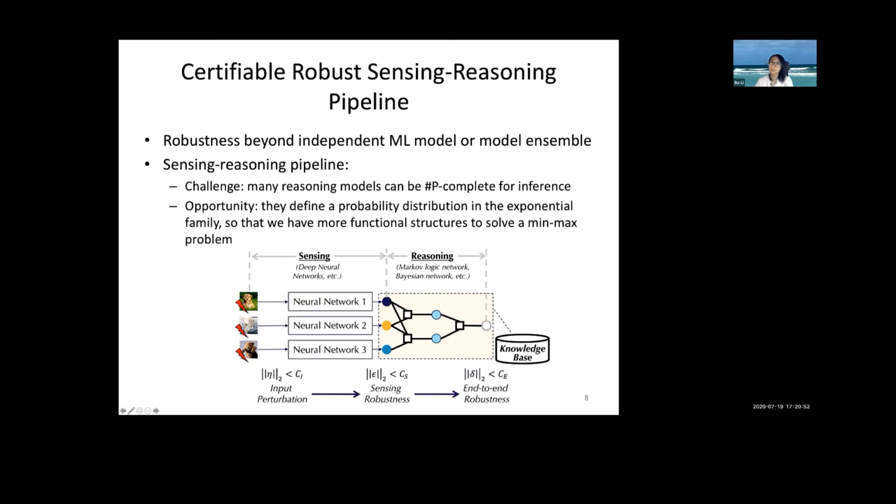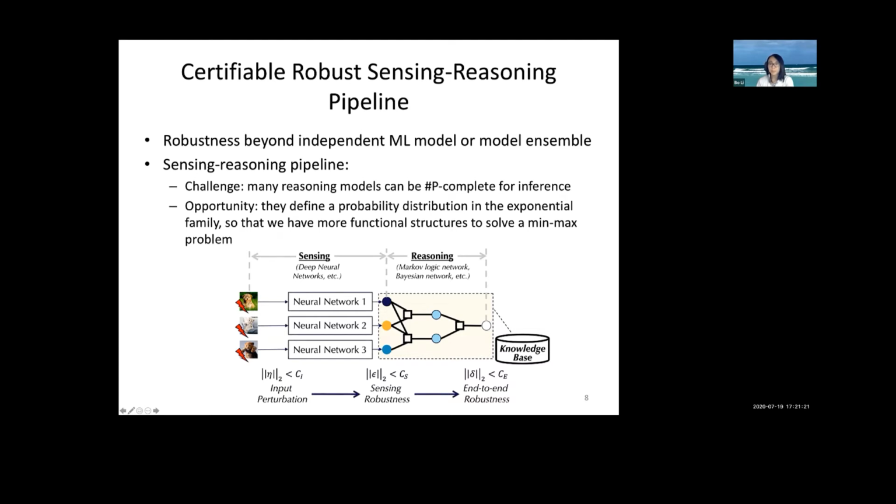So this is a question we want to ask. And here we can see there are additional challenges and opportunities within this pipeline. Concretely, on the sensing component phase, we have the neural net. For example, neural networks can output their prediction as a set of Boolean variables, which can be viewed as a prediction for certain classes.